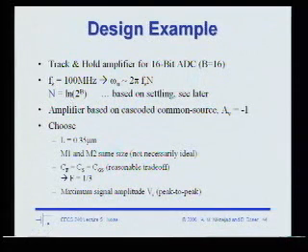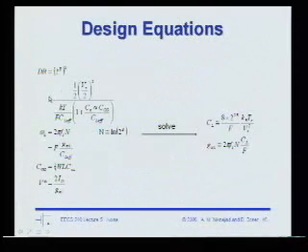So because I want to settle to within 16-bit accuracy, that tells me how many time constants I need to go. All right. So this is where the omega u of the amplifier comes from, and that's of course directly related to the GM and the total load capacitance I have to drive.